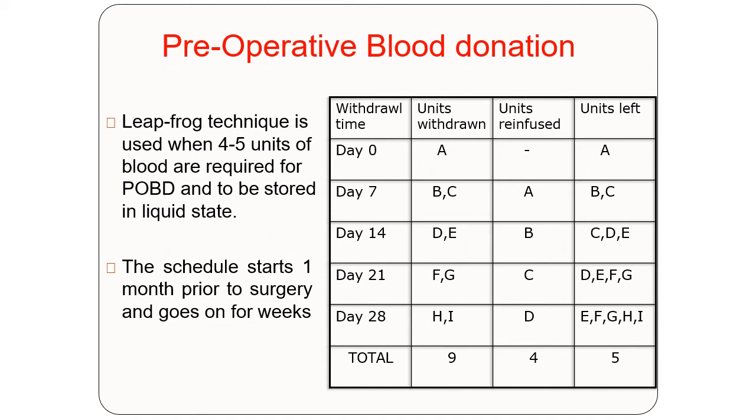On day 0, we collect unit A. On day 7, we collect units B and C, but reinfuse unit A. On day 14, we collect 2 units, D and E, but reinfuse unit B. So we have 3 units: C, D, and E. On day 21, again the same.